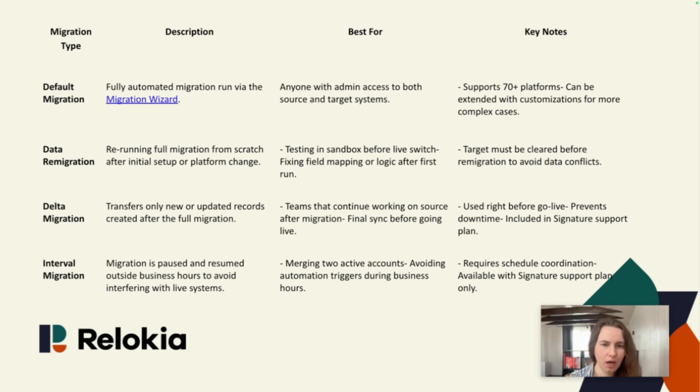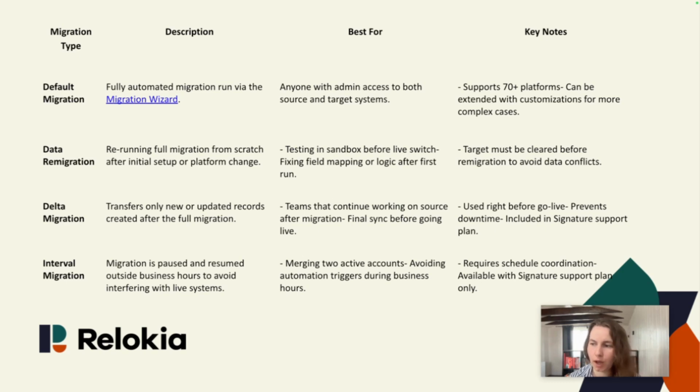It's perfect when your support team is still working in your source system, you want to minimize downtime, like make it zero downtime, and you want to do a final sync before fully switching systems. This is usually done right before go live, after the final freeze of the old platform. We will talk about the delta migration once again when we discuss the migration planning.